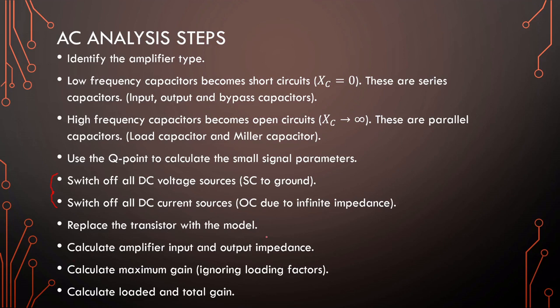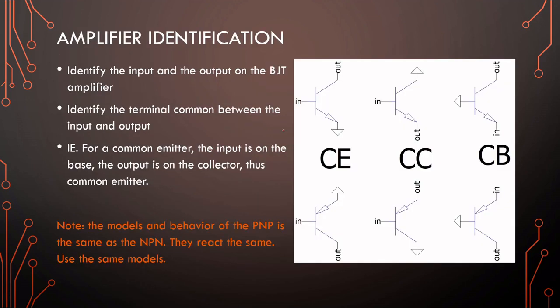And then we have to determine a couple of parameters of the amplifier. So let's have a look at the amplifier types and then a closer look at the parameters that we need to get out.